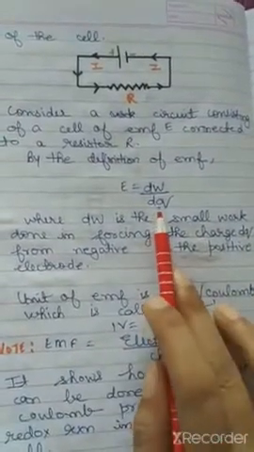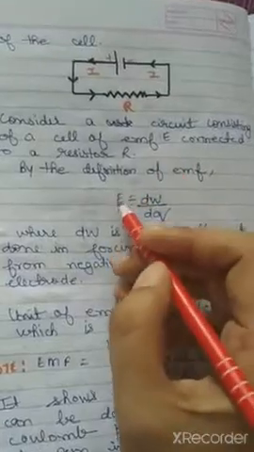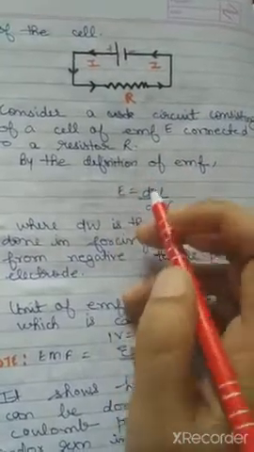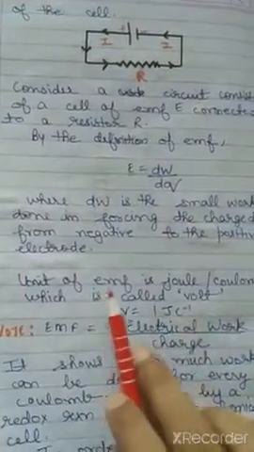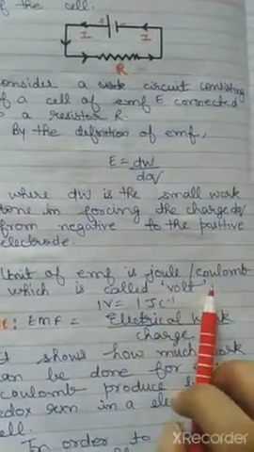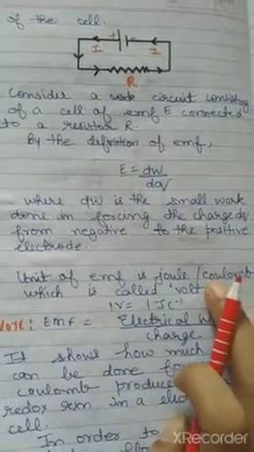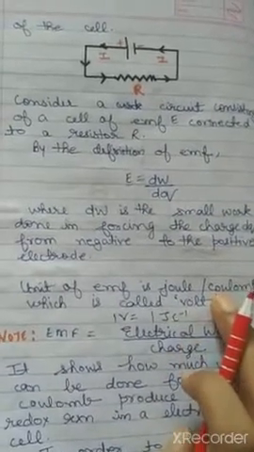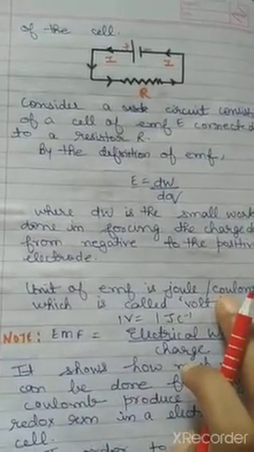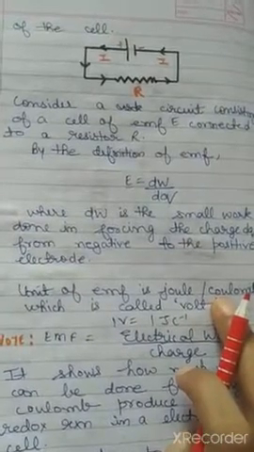Now the unit of EMF, as I told you, can be represented by E or by epsilon. The unit of EMF is joule per coulomb, which is called volt. Electromotive force, the word indicates that it is a force, but it is not a force, it is a potential difference, as we had seen.